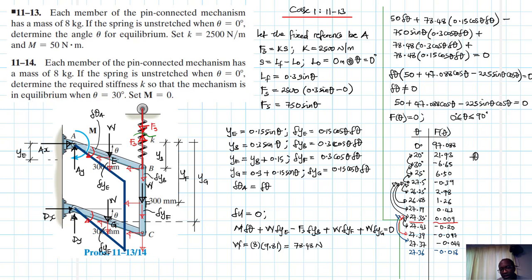Okay, so therefore theta is just going to be approximately equal to 27.35. Okay, so that is the smallest value that we can get using this particular technique. And I think this is about it. We found the smallest value, which is 27.35 for the first case.